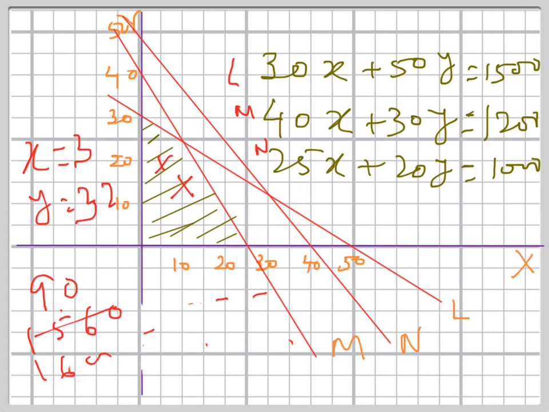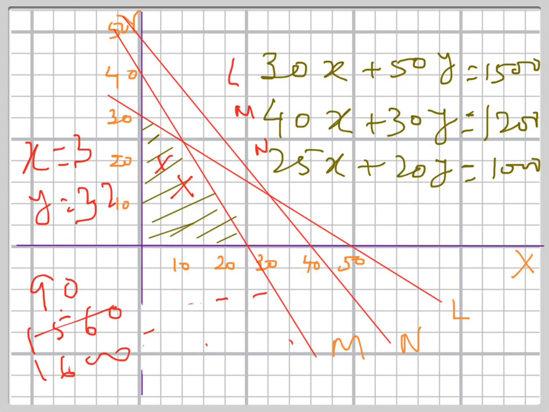So we get 30x plus 50y as 1690, which is greater than 1500, and that is what we are looking for in this area, that constraint L should not be satisfied. And as you are seeing, the requirement for chemical L becomes 1690 if we want to produce 3 liters of paint A and 32 liters of paint B. So condition L is not satisfied.